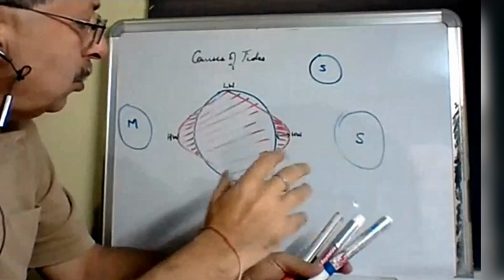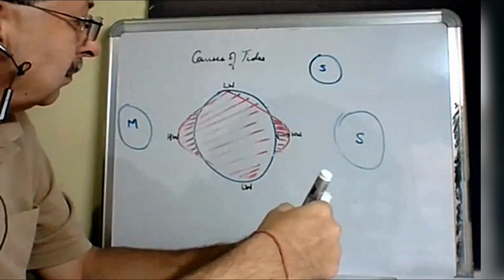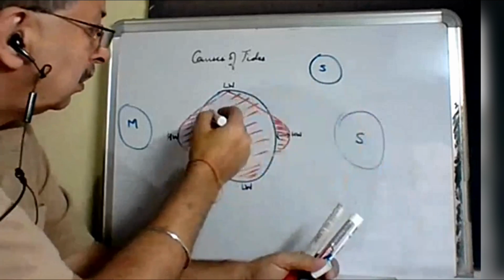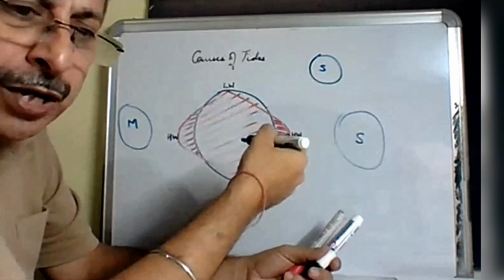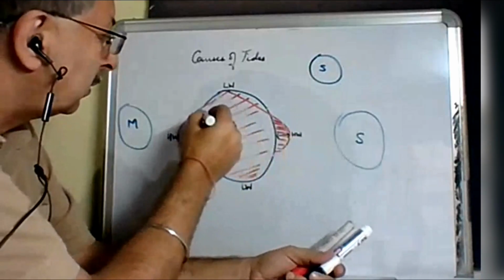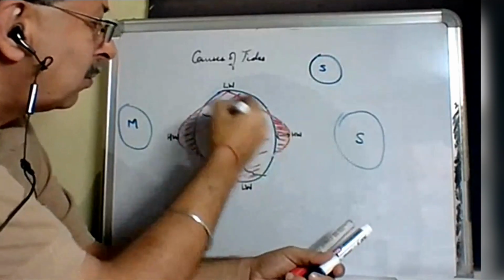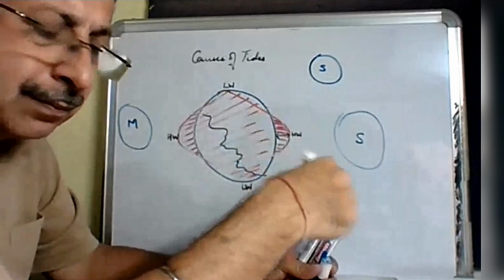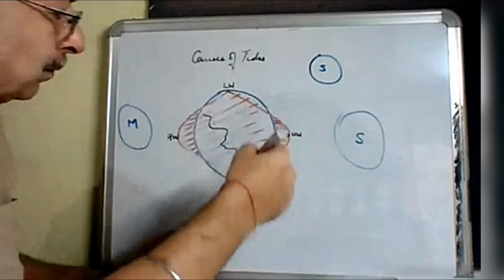Simultaneously, you would also have continental land masses on the earth. And then you have the water body also.